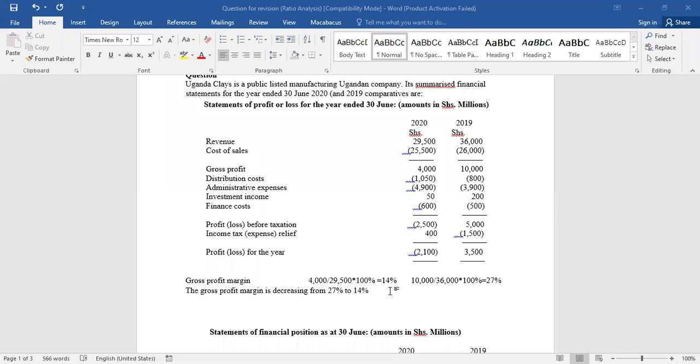Okay, so you can even state the years clearly and say from 2019 to 2020.